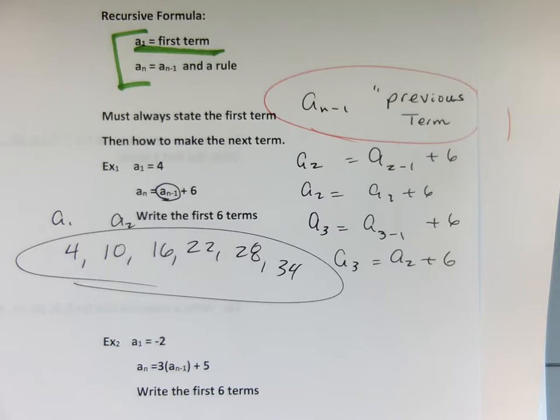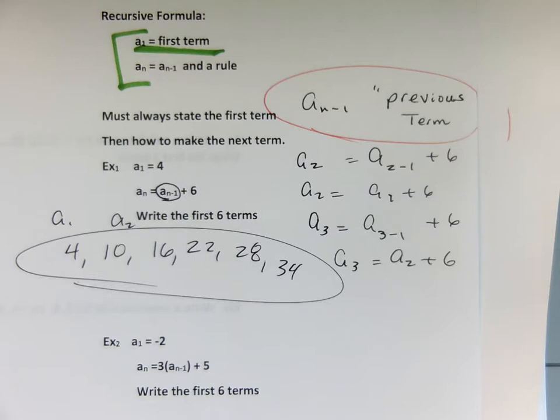If I want to make the 100th term, I'd use the 99th term, and then add 6. So it's always the term before, the n minus 1.